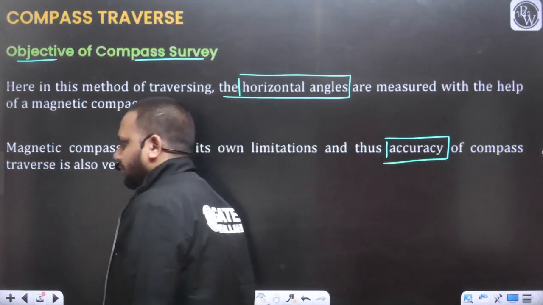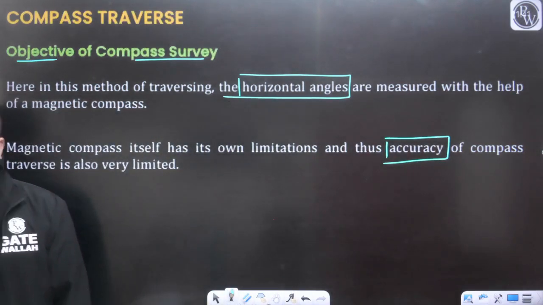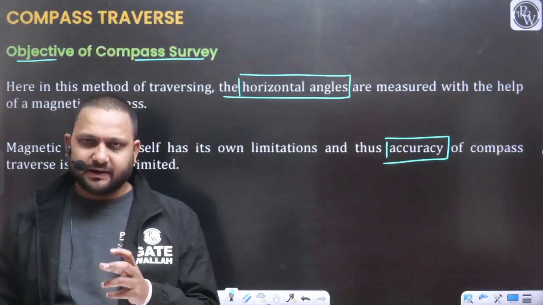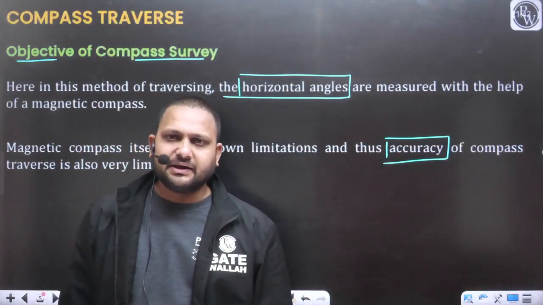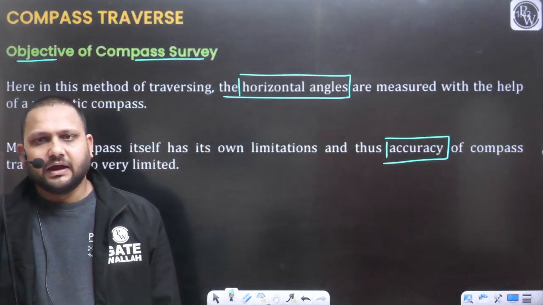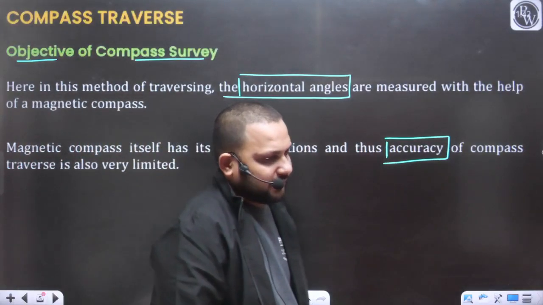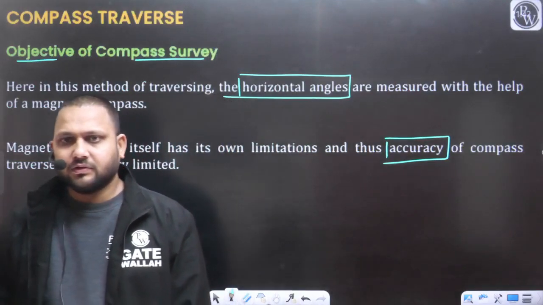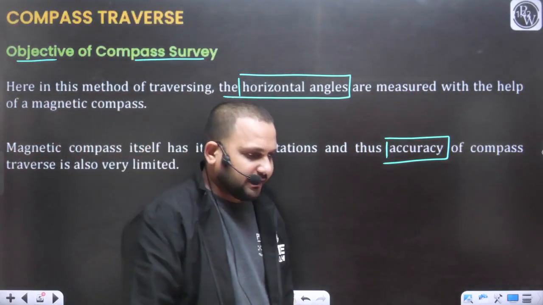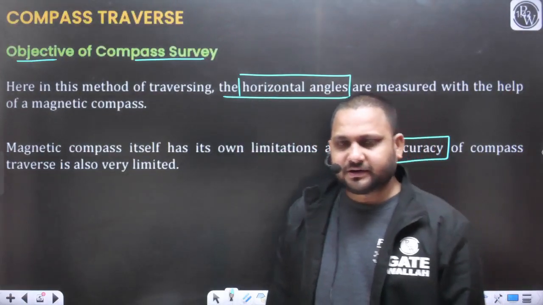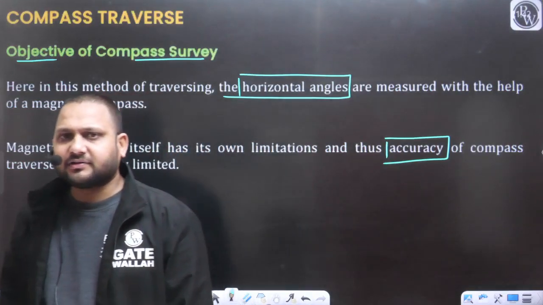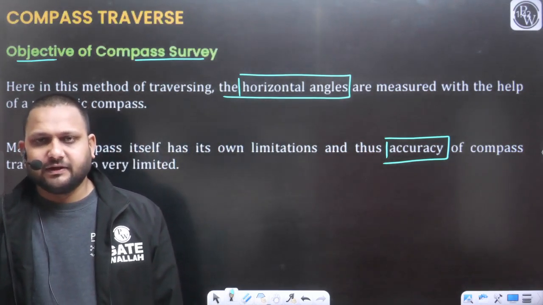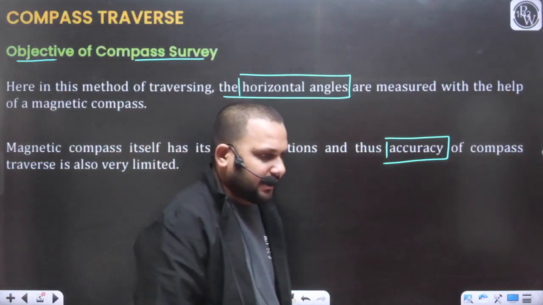There will be some issue with the accuracy, because if there is any object having magnetic characteristics nearby, it will disturb the magnetic needle or compass, and due to that disturbance there will be error in our measurement.